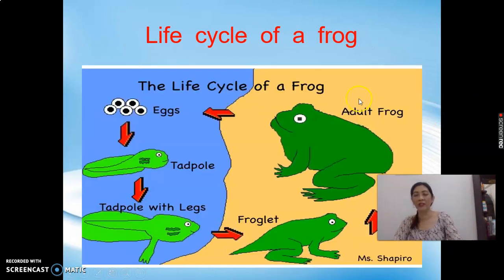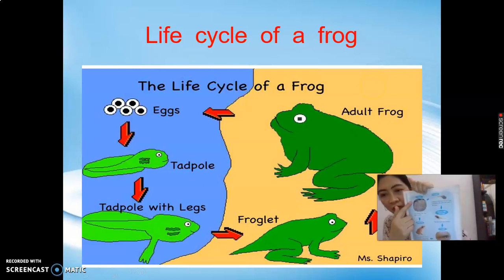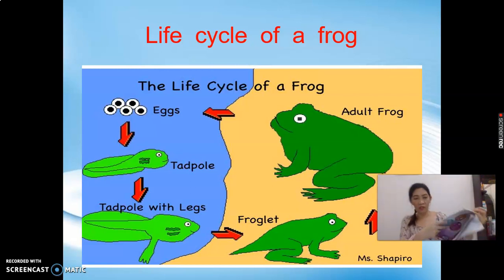So the next is life cycle of a frog. So again, number one is egg. Always number one is egg. Then after eggs is tadpole. Then after tadpole is tadpole with legs.